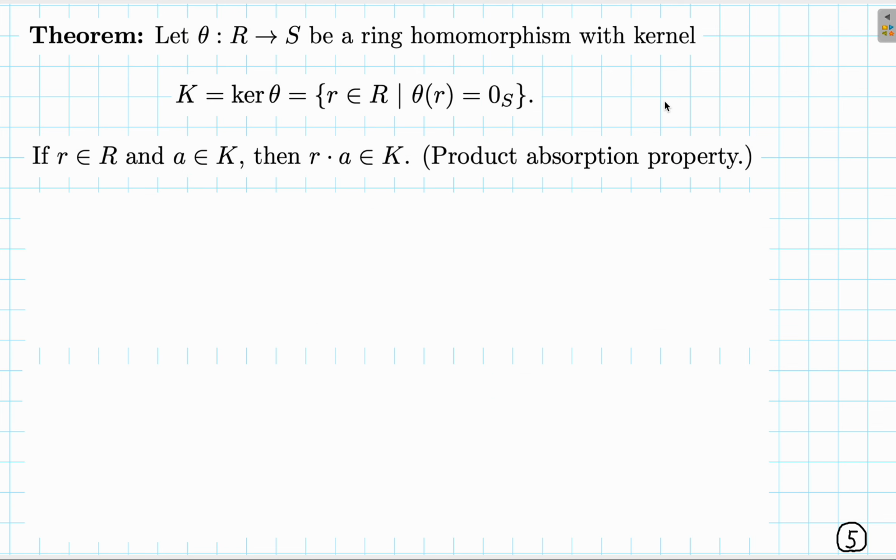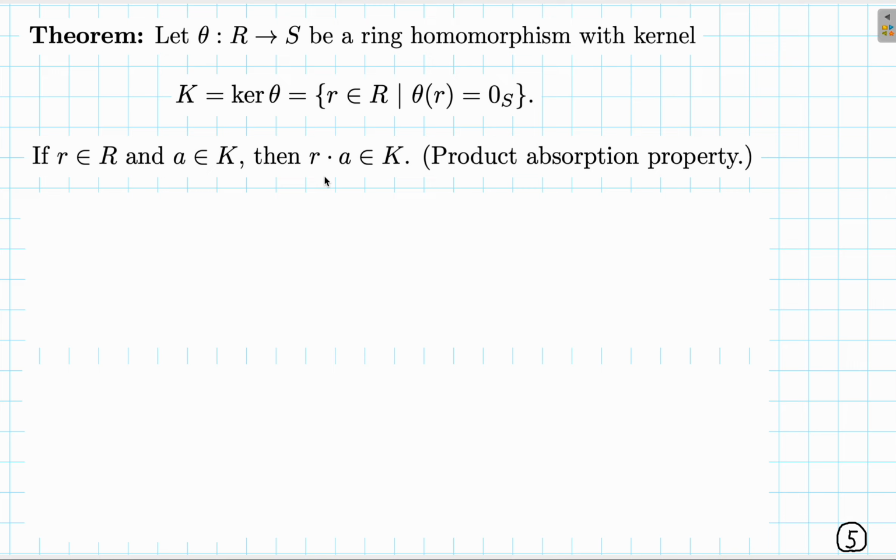This theorem generalizes what we observed about the reduction homomorphism phi. The theorem states, let theta from R to S be a ring homomorphism with kernel K as defined. If the element r is in the domain R and the element a is in kernel K, then the product r times a is also in K. In other words, the kernel K satisfies the product absorption property.